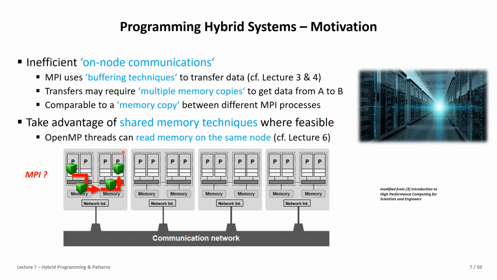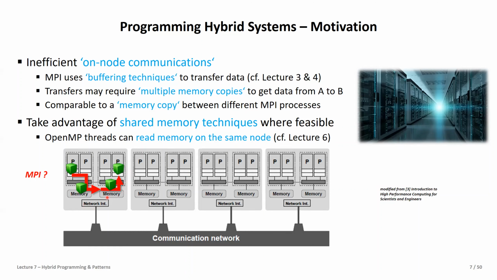One node, of course, means you have one shared memory address space. And it doesn't matter if it's CC-NUMA or UMA, you would have the protocol ensuring that you have one shared address space. Here it's particularly quick if you directly read and write from memory on the same node. We learned already that the speed of memory is unbeaten, compared to going off with these buffering techniques, creating all these copies, and then exchanging messages back and forth.